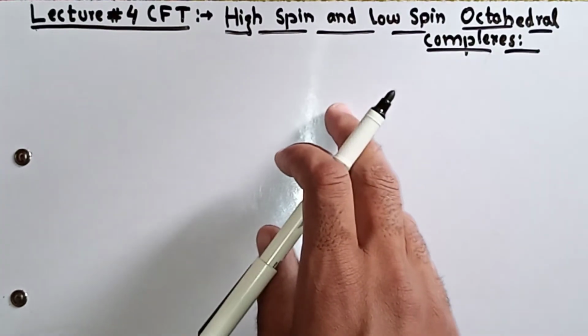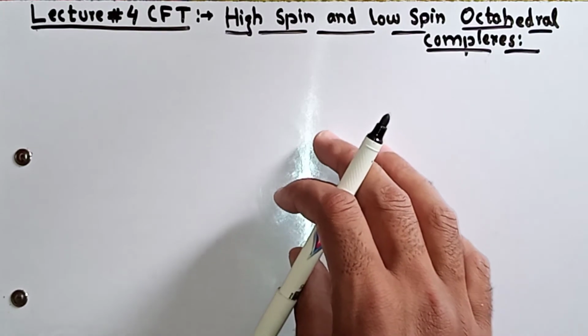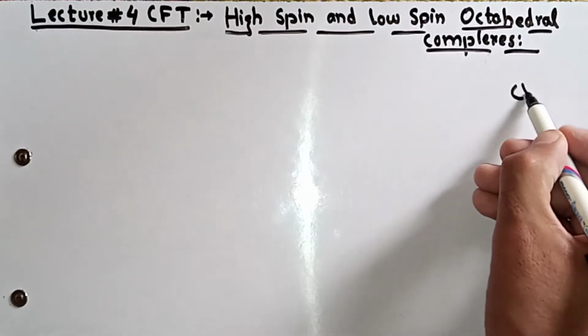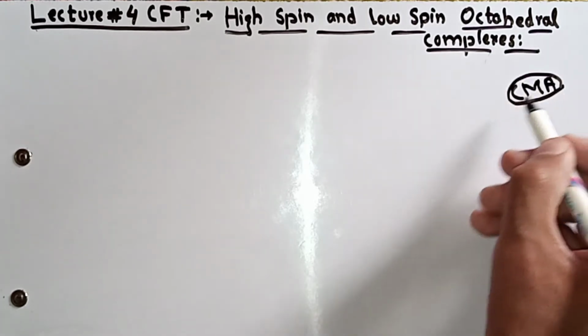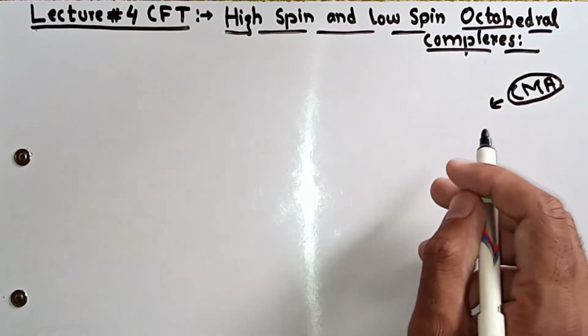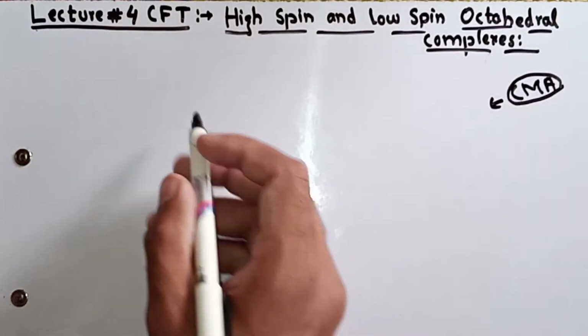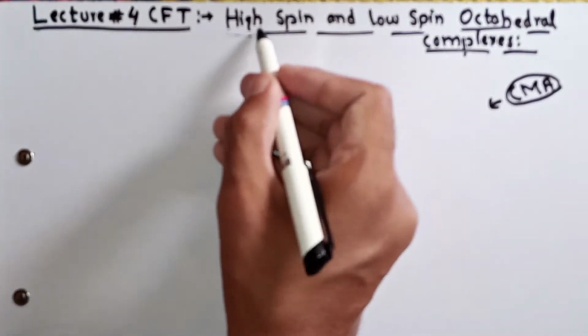So now, what is the electronic arrangement in the central metal atom when there is a strong ligand or a weak ligand? What will happen? How will we arrange the central metal atom configuration?